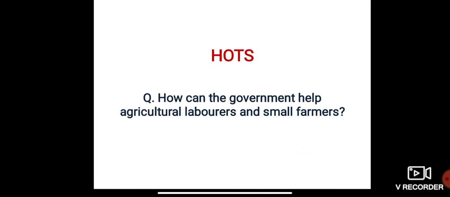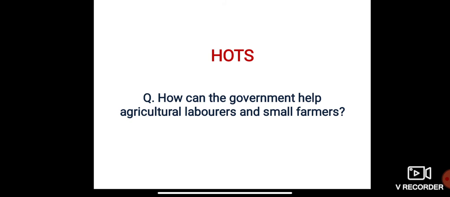So the last question for today: how can the government help agricultural laborers and small farmers? In other words, how can the government help people like Sita and Murli? The government can come up with certain strategies or means to help agricultural laborers like Sita and small farmers like Murli.